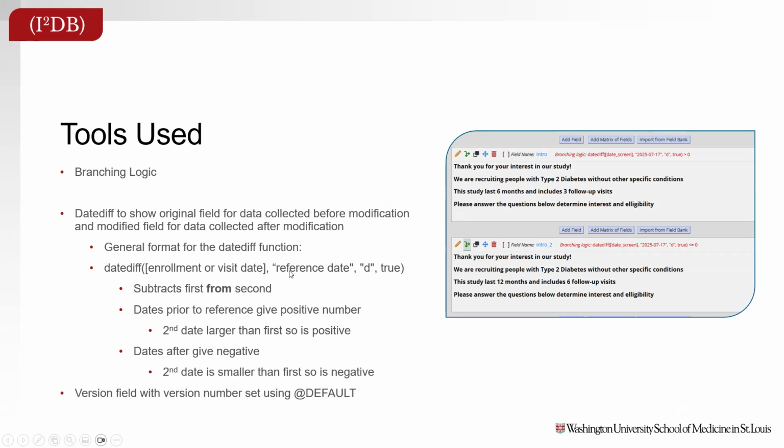And the way this works is it subtracts the first number from the second number. So when I do this, dates prior to the reference give a positive number. So anything where the date screen was before yesterday, 7/17/2025, this will appear.